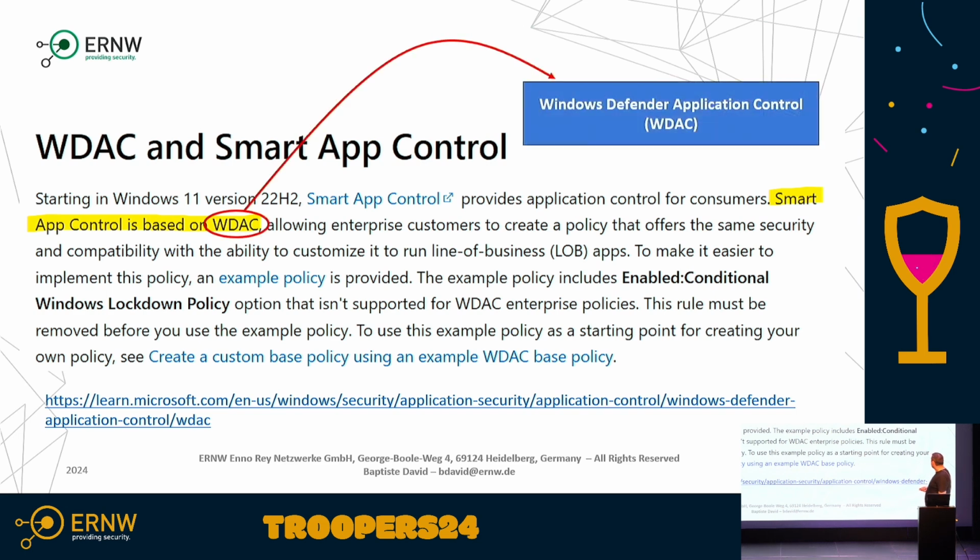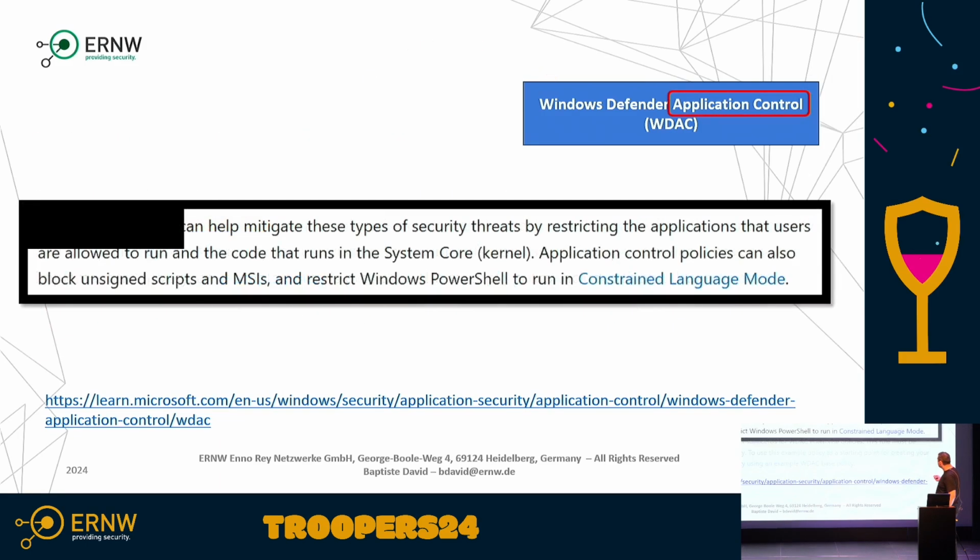WDAC stands for Windows Defender Application Control, and the notion of application control is also defined in the documentation as a feature to help mitigate this type of security threat by restricting which applications are allowed to run on your system or not.